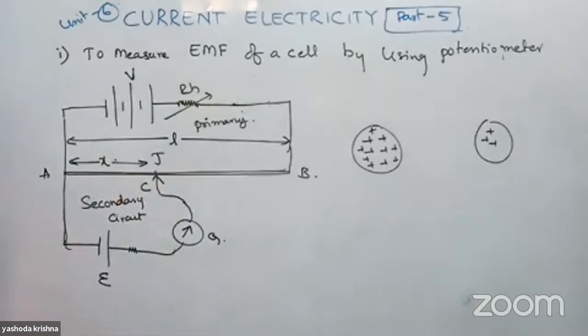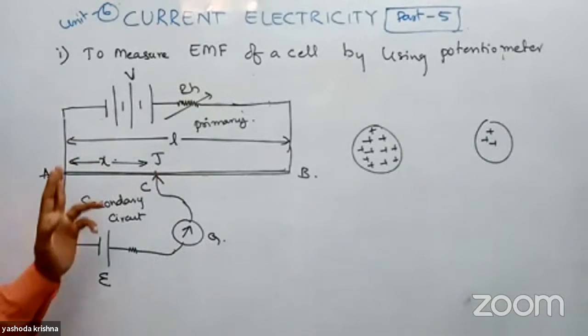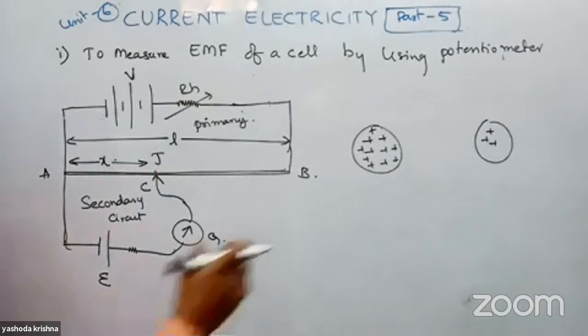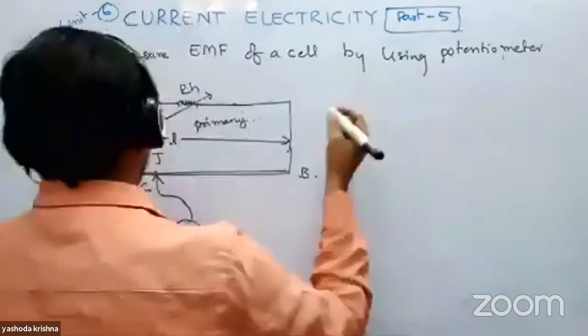How to find out that total length? That point is X. Listen, the length of the wire.